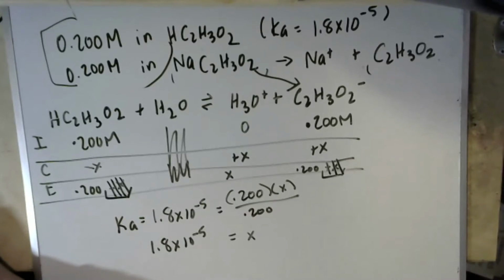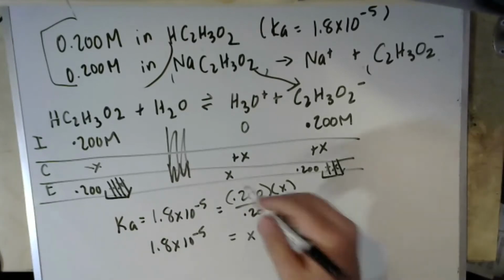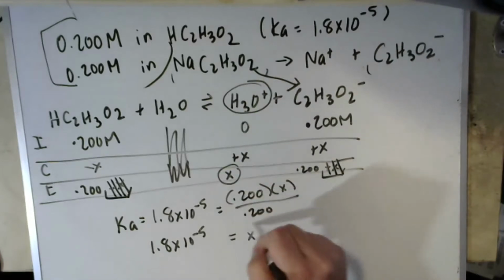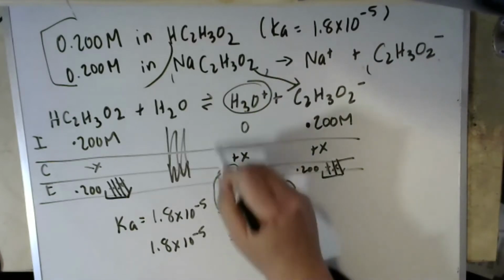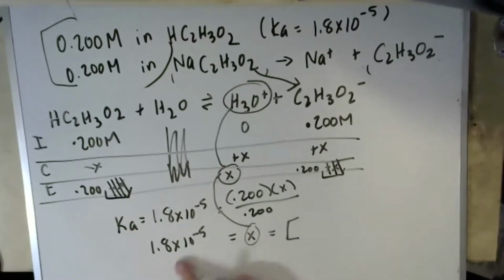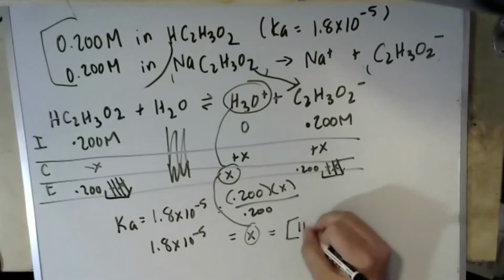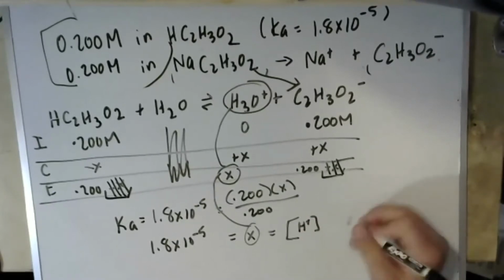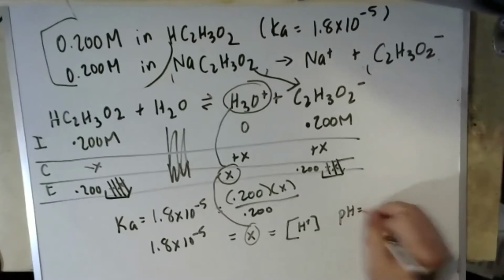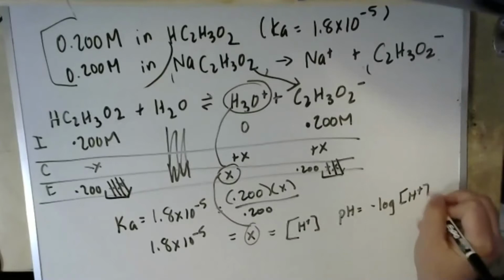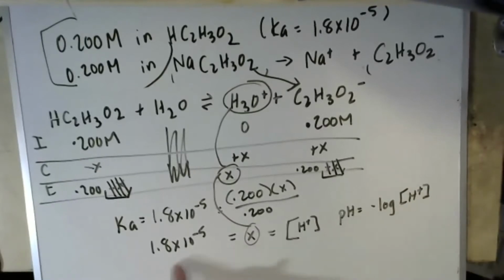Our X value is equal to our H3O plus, right? We can make little lines to connect them. So that means that by finding X, we found our hydrogen ion concentration. And from here, we can find the pH. We'll take the negative log of 1.8 times 10 to the negative 5.